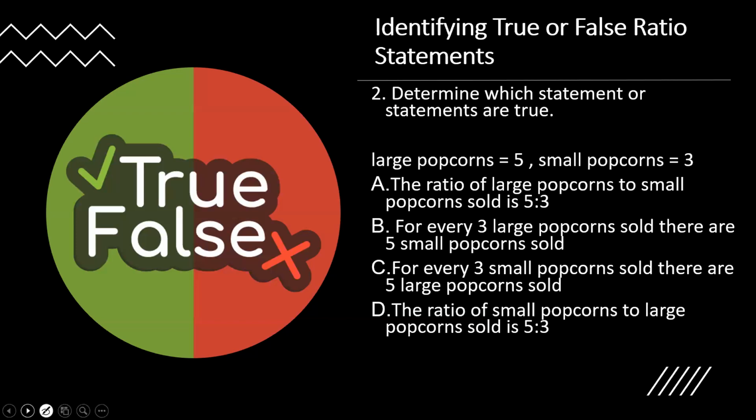So we have 5 large popcorns, 3 small popcorns. Write down the options that we have. A, the ratio of large popcorns to small popcorns is 5 to 3. B, for every 3 large popcorns sold, there are 5 small popcorns sold. C, for every 3 small popcorns sold, there are 5 large popcorns sold. And D, the ratio of small popcorns to large popcorns is 5 to 3.